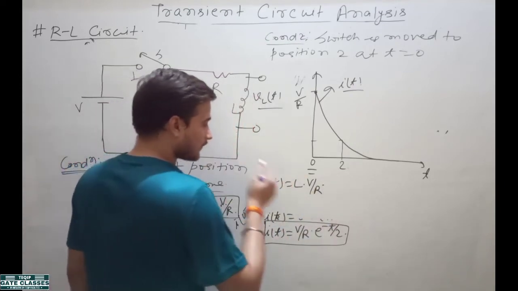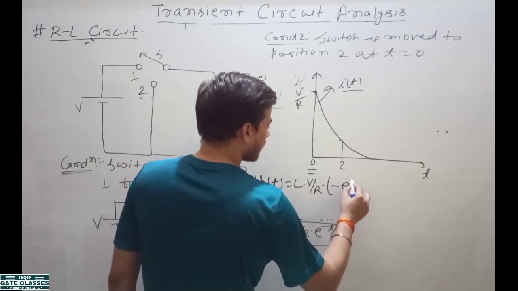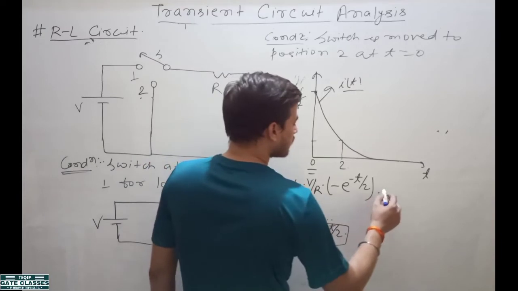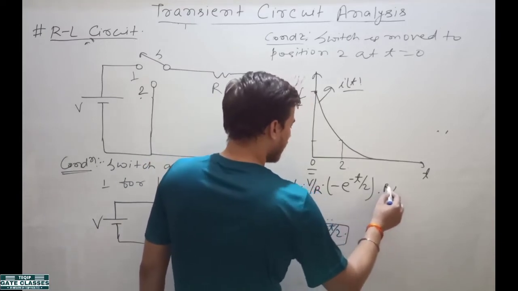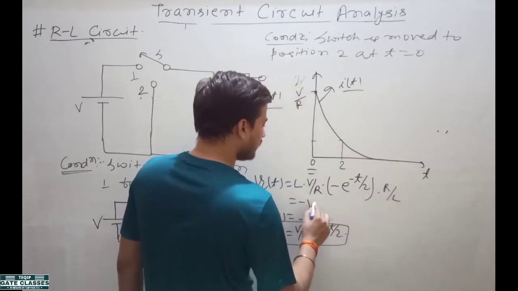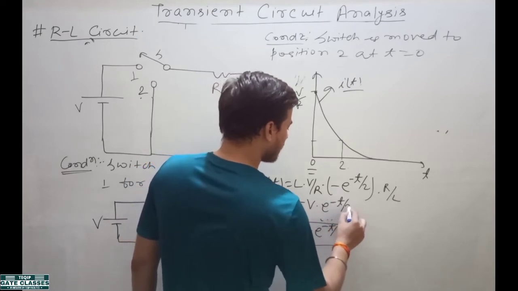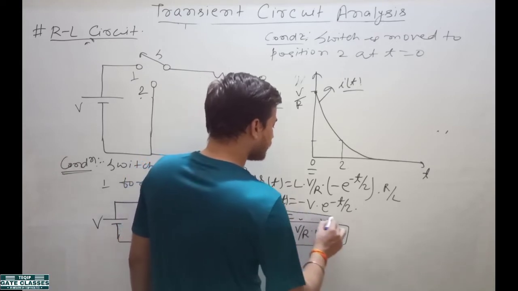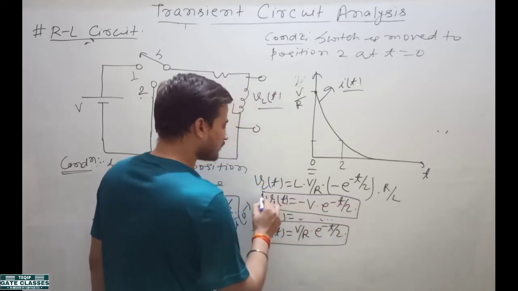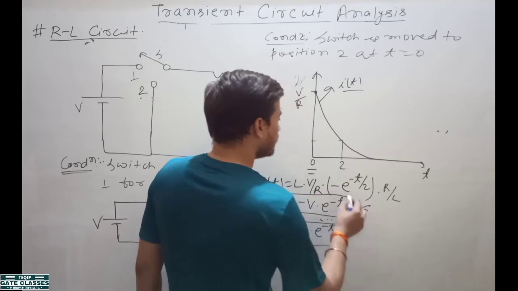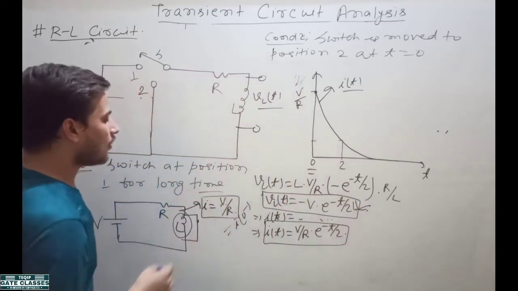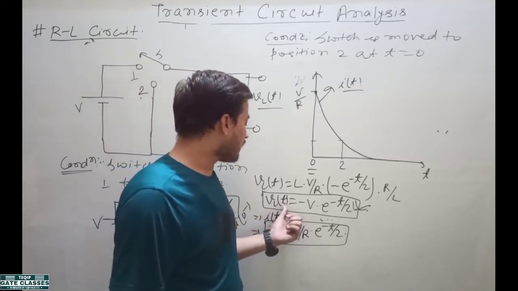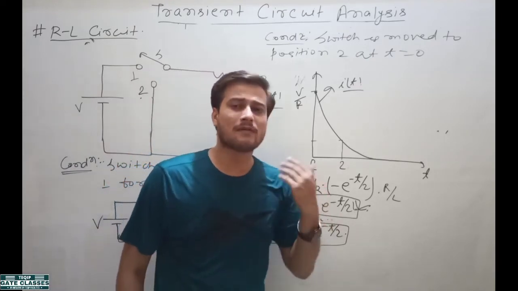Its differentiation will be minus e to the power minus t by tau into 1 by tau. 1 by tau means R by L. So here VL(t) is equal to minus V into e to the power minus t by tau. Very important point. That's why I was writing all these things.